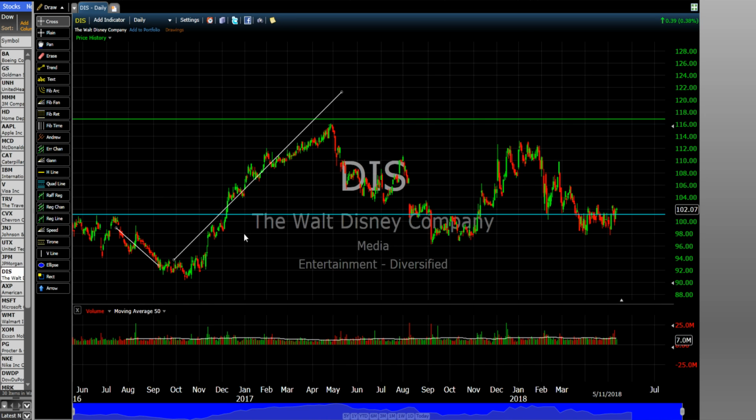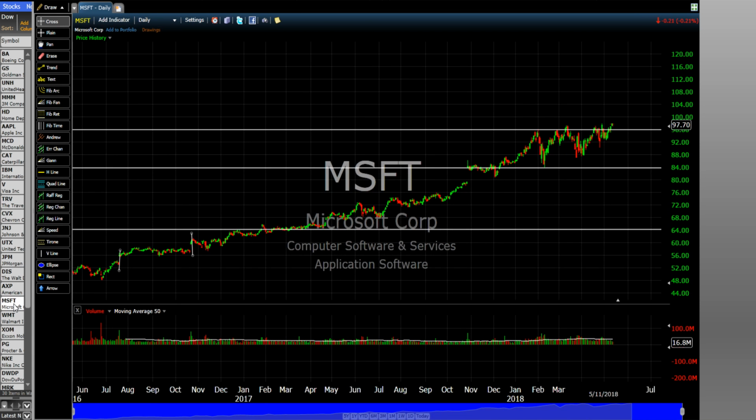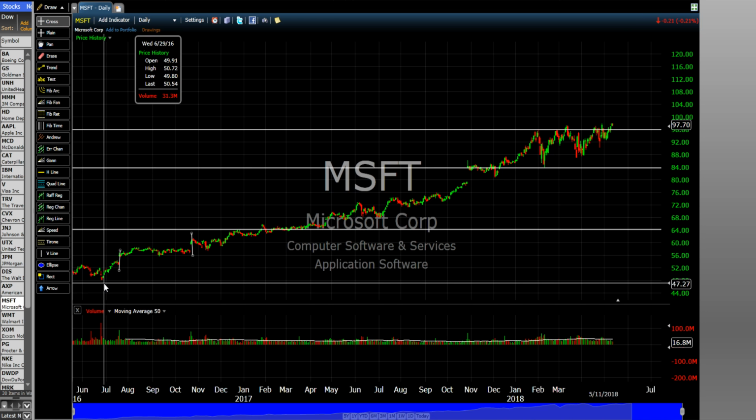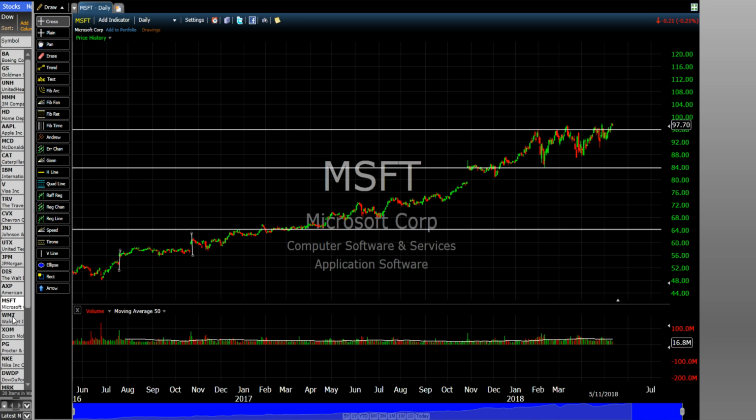Walt Disney has a short trend, and then it goes volatile. See, when the stock goes volatile, it will be very, very troubling. American Express, excellent. Microsoft, excellent. As you can see, the stock was 50 and it goes to 95.